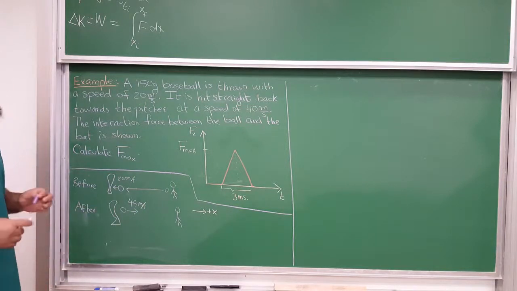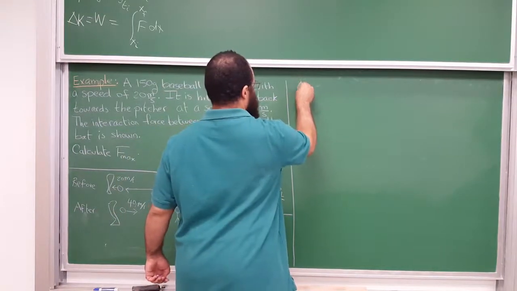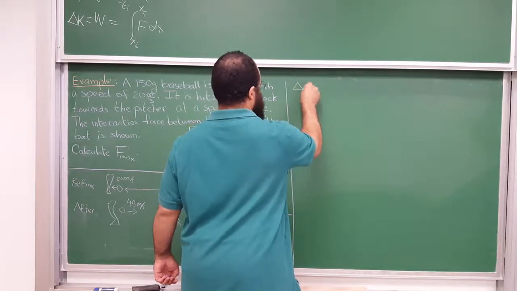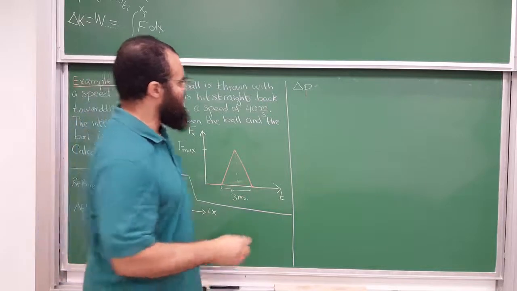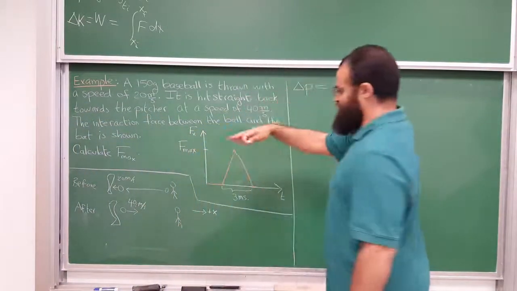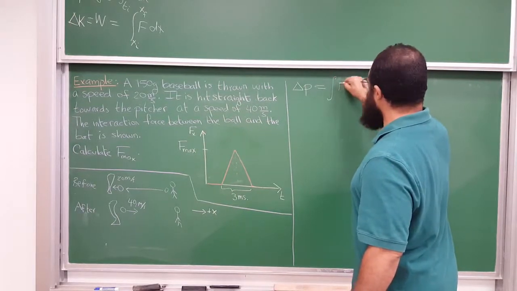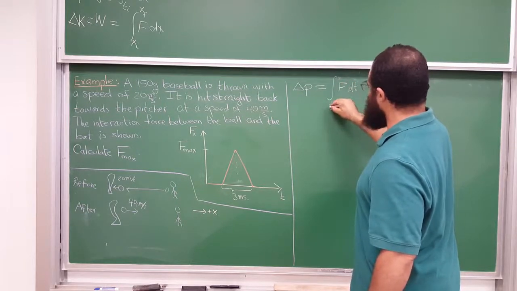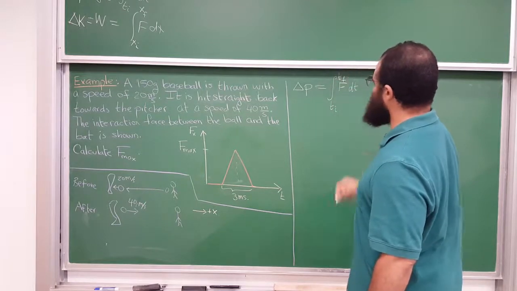Well, it's the chapter of momentum, and it says that the change in momentum, let me write change in momentum. Since we're talking about the momentum in the x direction, I've just put that like this. Change in momentum, I will not put the vector signs because we're just in the x direction, would be the integral of F dt from t initial to t final.